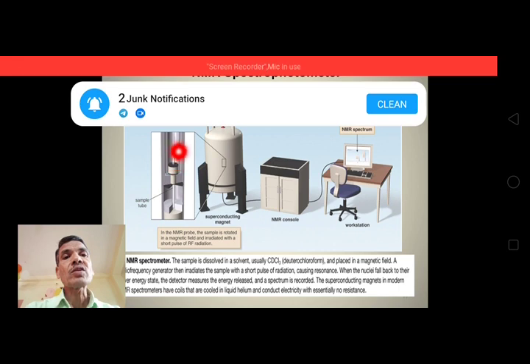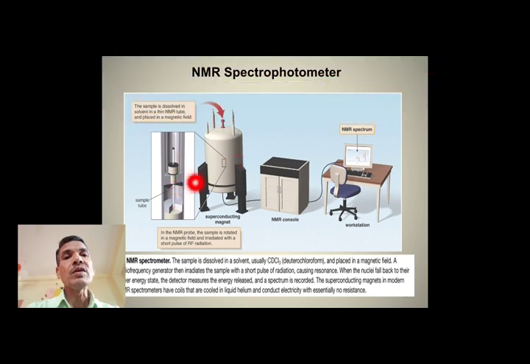Here the cross section of this probe is shown, which clearly indicates that a sample tube is kept here, around which a strong magnetic field is there, and radio frequency radiations are allowed to pass through this sample, which gives a signal to this receiver, and this NMR console gives the signal to this recorder where the NMR spectrum is recorded.